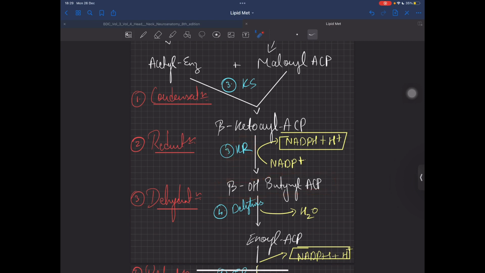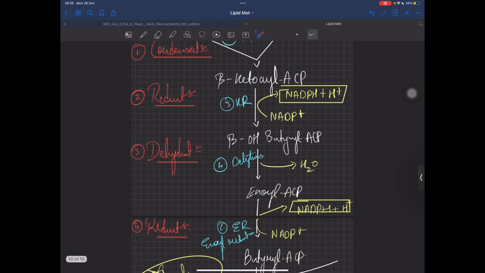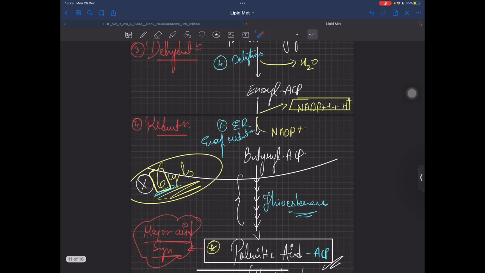In this step, there is production of NADP. The third one is the dehydration reaction: beta hydroxybutyryl ACP in the presence of dehydratase forms enoyl ACP with the liberation of water. Then again reduction: enoyl ACP is reduced to butyryl ACP under the influence of enoyl reductase, which again forms NADP.